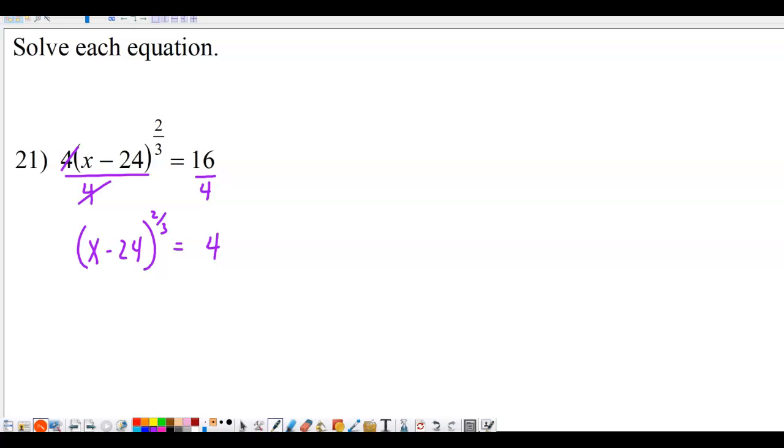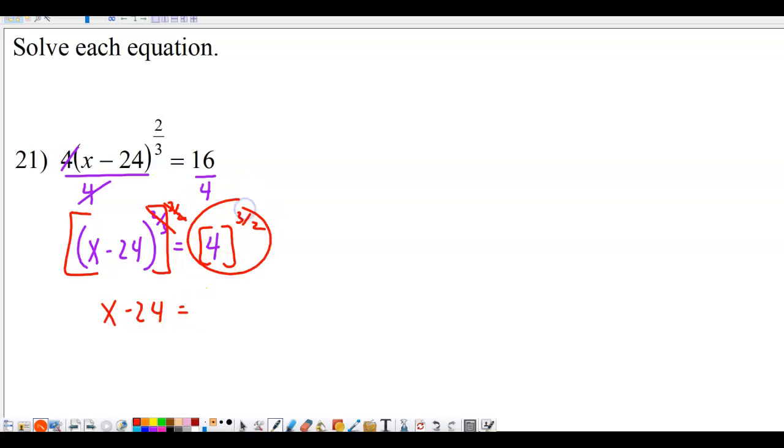And then we're going to go ahead and raise both sides to the reciprocal power. And now I'm going to simplify this, and this is where the new part's going to come in. Let me show you. We're going to rewrite that as a square root of 4 to the 3rd power.